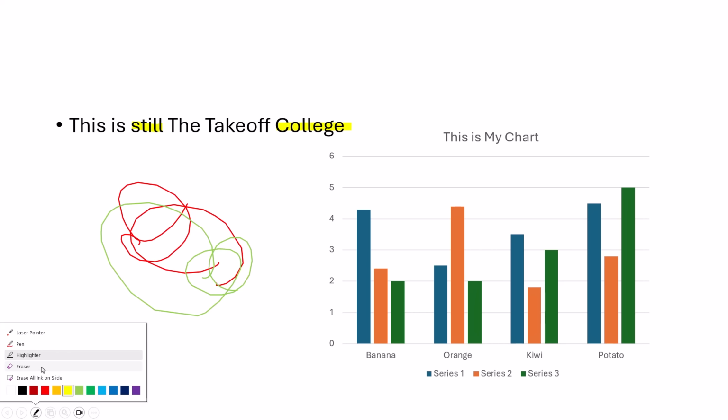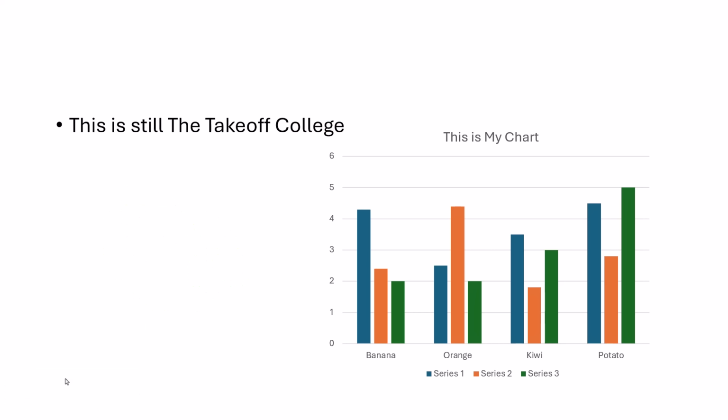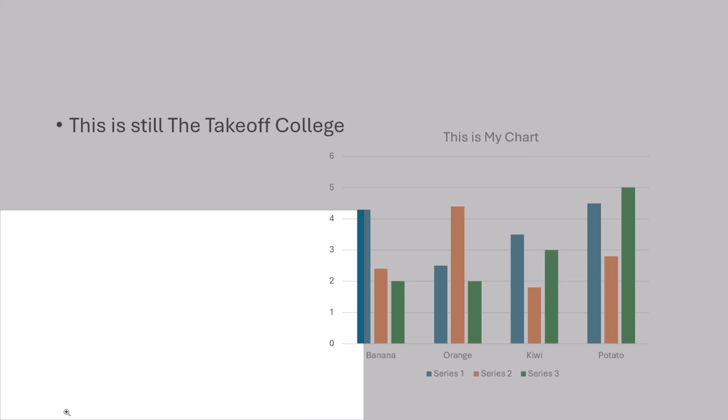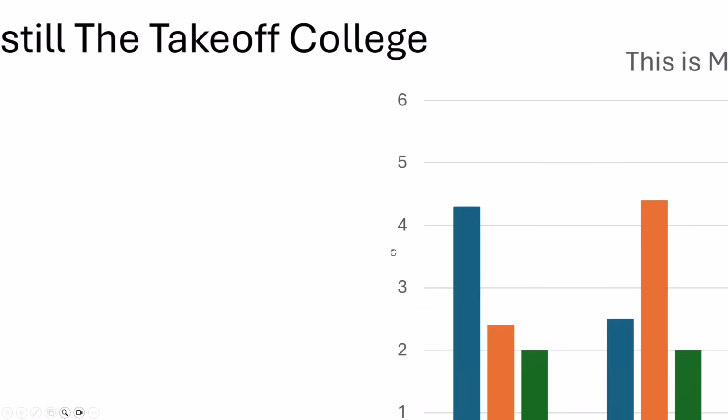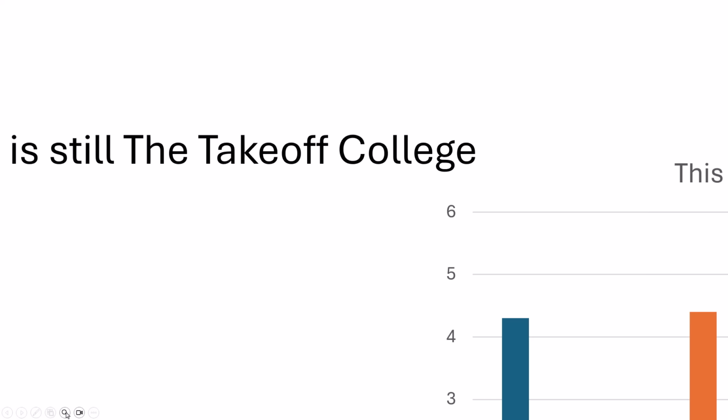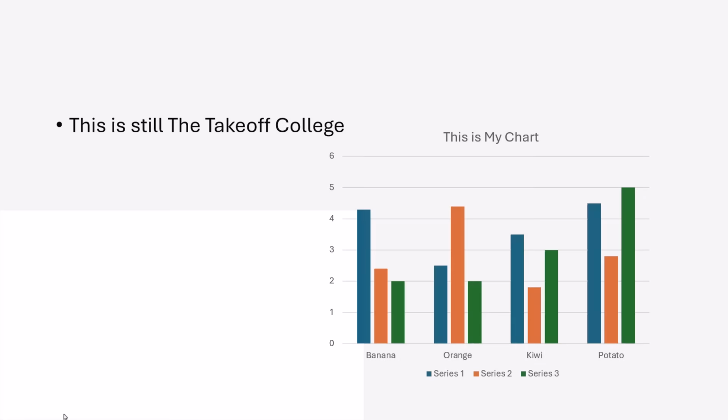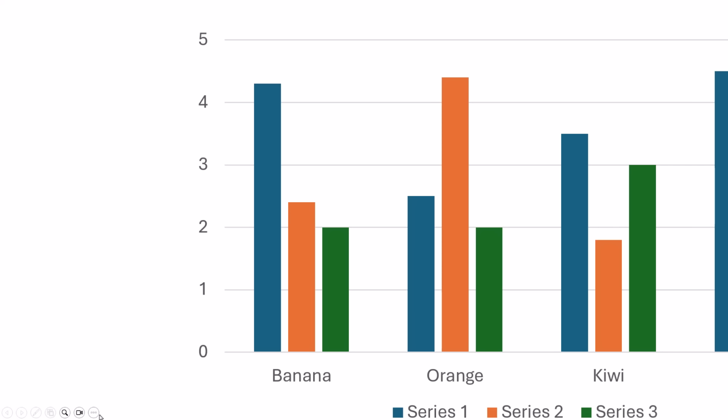We have eraser, and we have erase all ink on slide, so by clicking on this, everything that we just drew will be removed. What else do we have? We have the option to zoom in and navigate through a certain slide by this button over here.